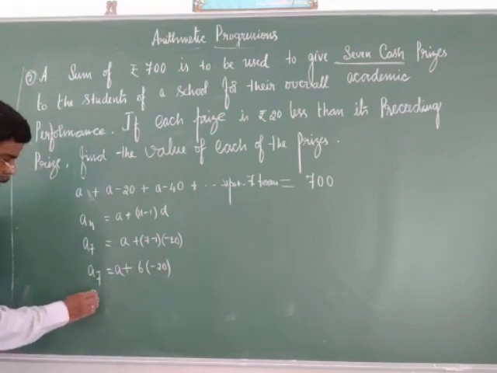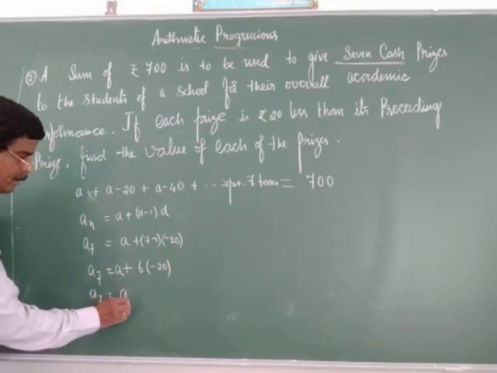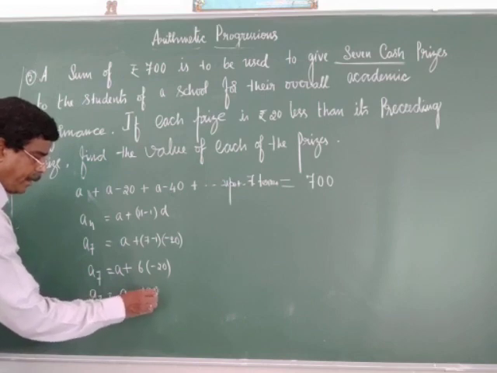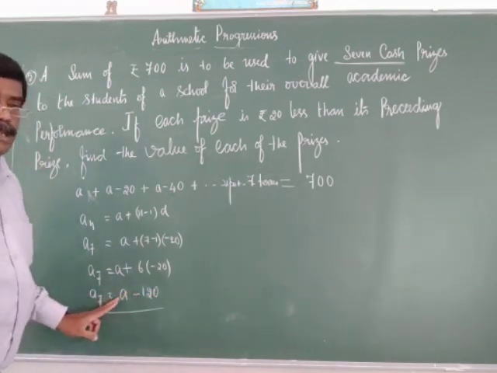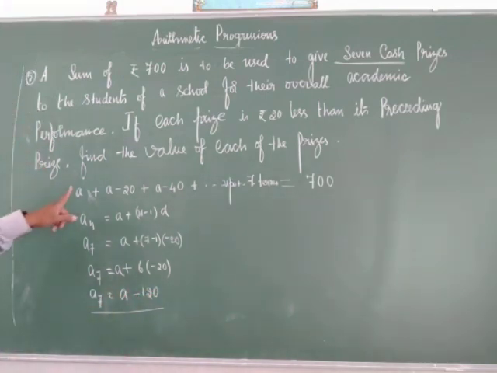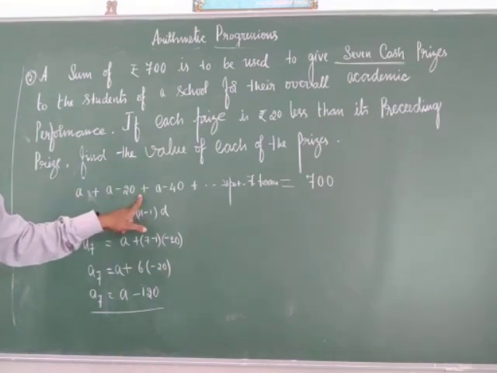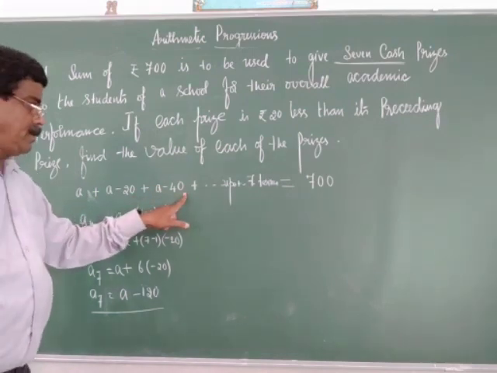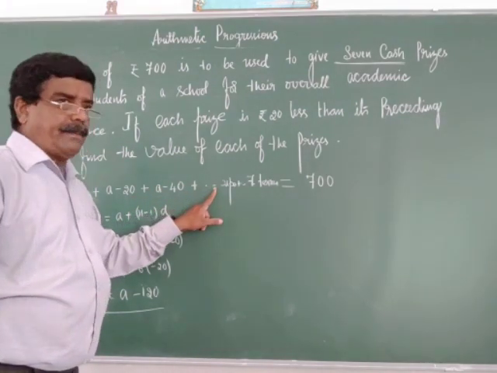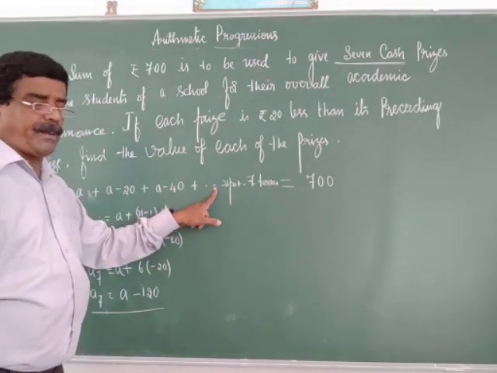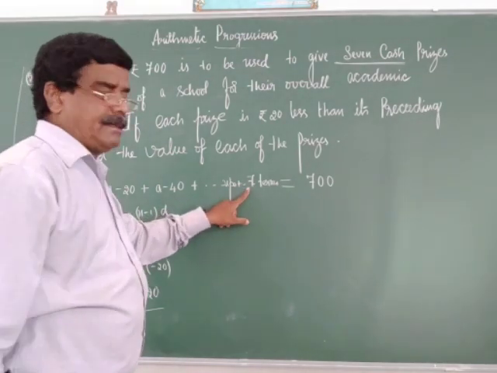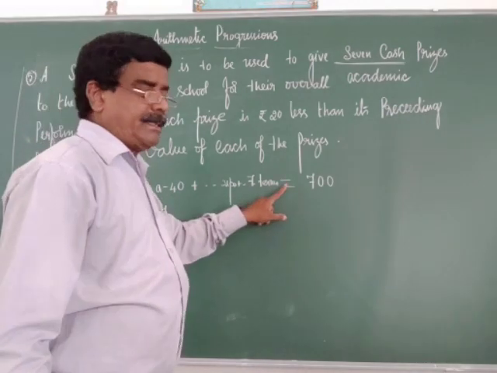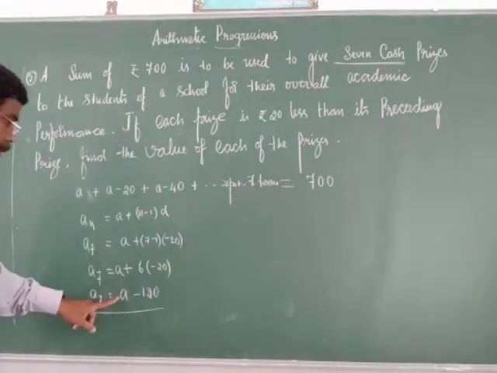So it is nothing but A7 is equal to A minus 120. This is the 7th prize amount. First prize amount is A, second prize A minus 20, third prize A minus 40, fourth prize A minus 60, fifth prize A minus 80, sixth prize A minus 100, seventh prize A minus 120.